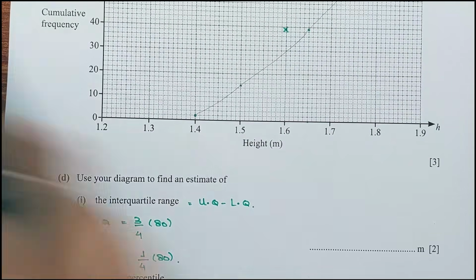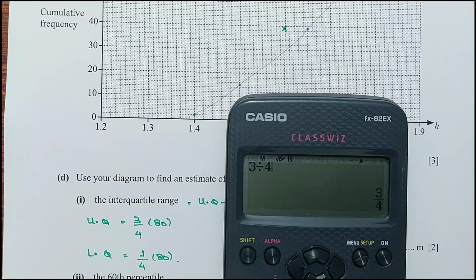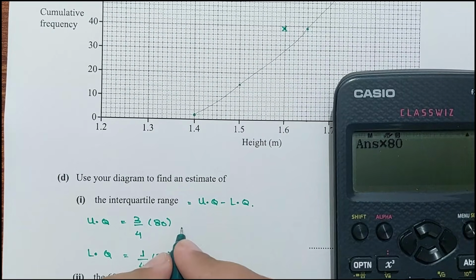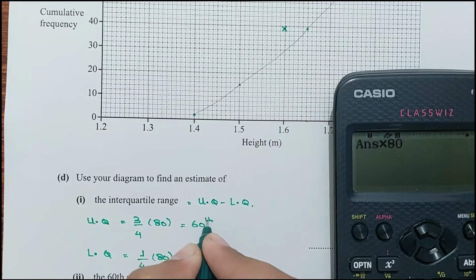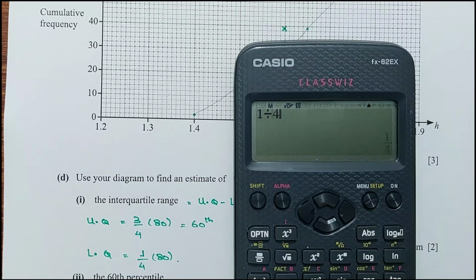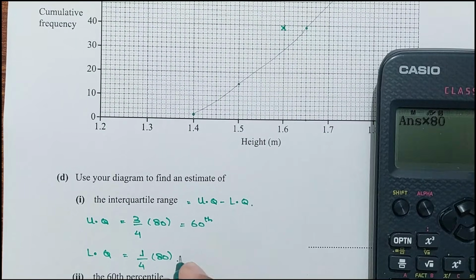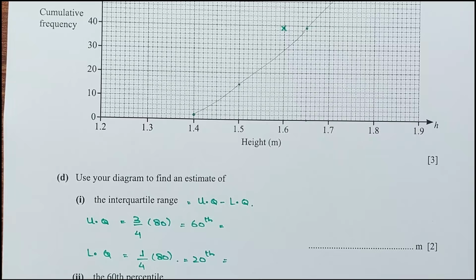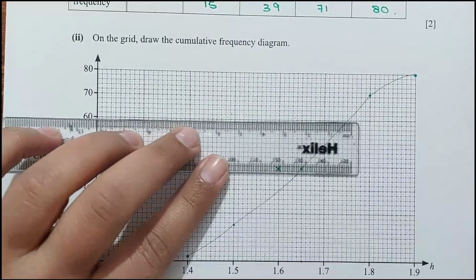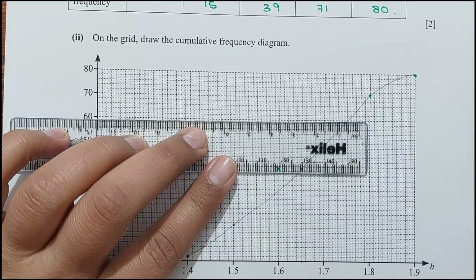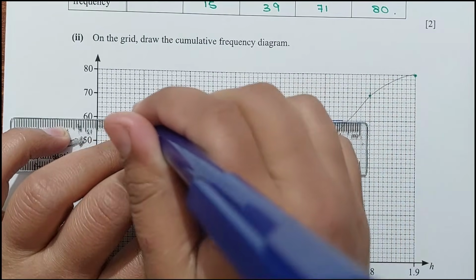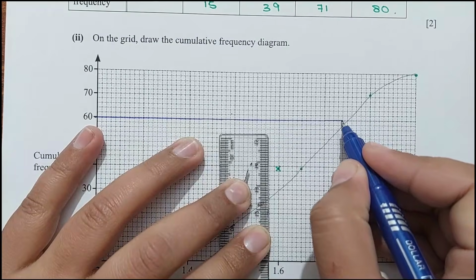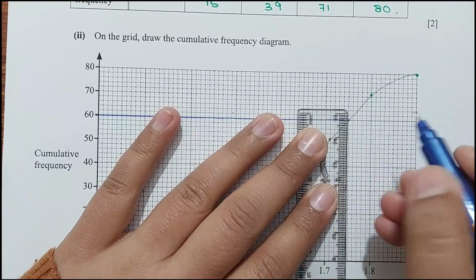So simplify, 3/4 of 80 is the 60th value we have to calculate, and 1/4 of 80 is the 20th value, right? Now let me work on the 60th and the 20th value. So this would be the 60th value.